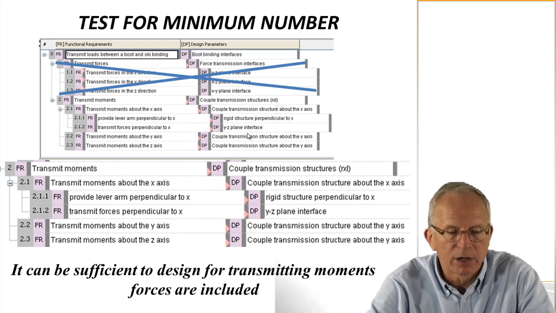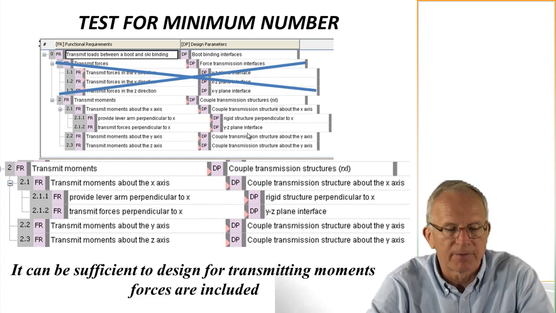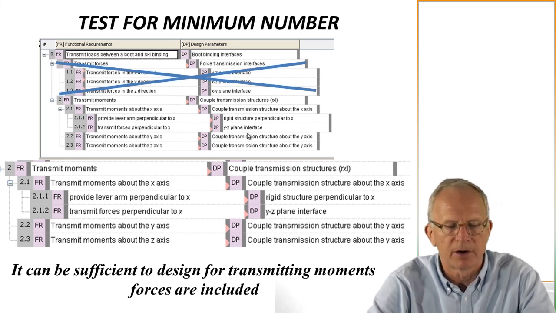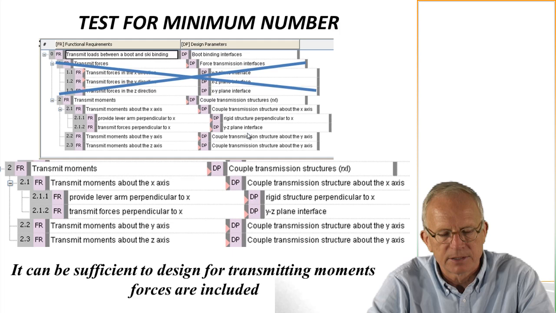Now, if we take a look, we have a single child decomposition of FR0. It's only got one child, transmit moments. So we could elevate transmit moments to FR0. And so now we have a simpler design.